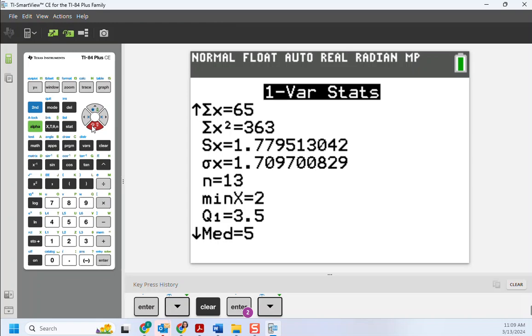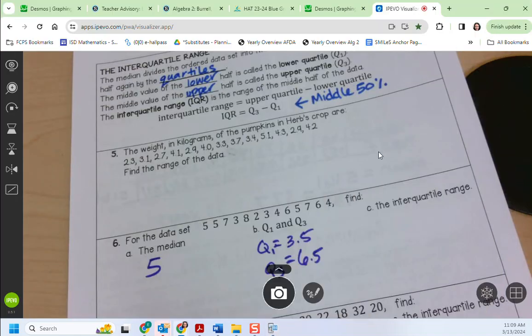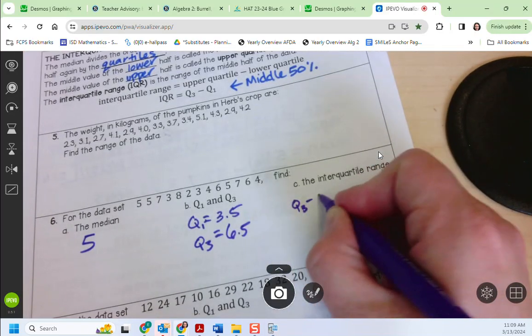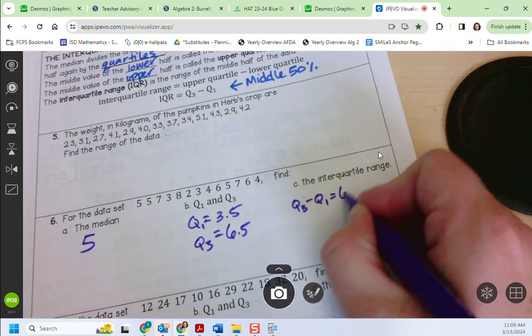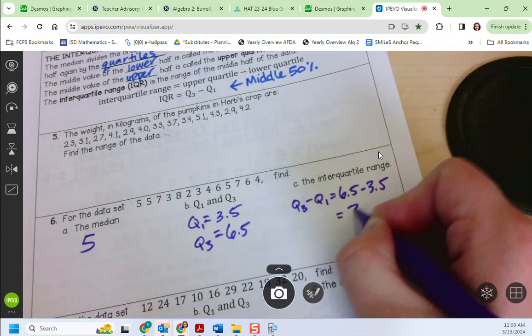And what's quartile 3? 6.5. Okay. And so then the interquartile range is Q3 minus Q1. 6.5 minus 3.5. And it's 3.